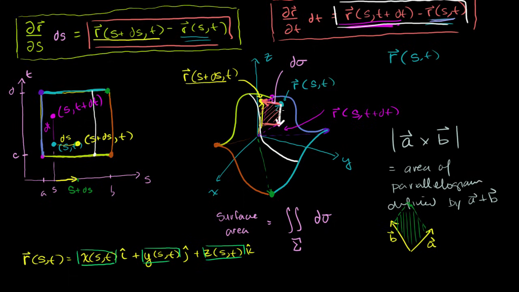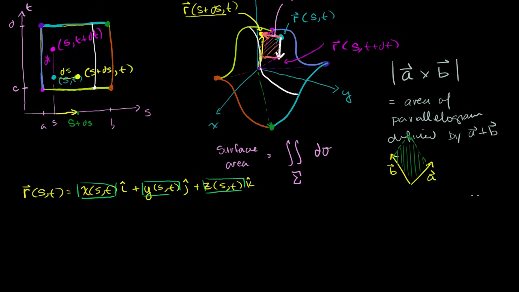Now, we just said that d sigma, that area of that little part of the surface, that parallelogram, can be represented as the cross product of those two vectors. So let me write it here. And this is not rigorous mathematics. The whole point here is to give you the intuition of what a surface integral is all about.